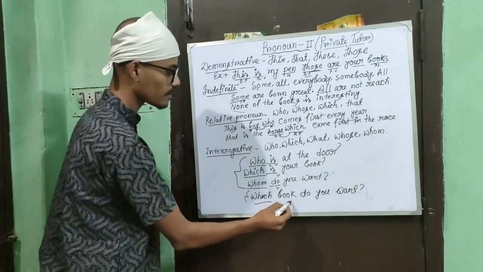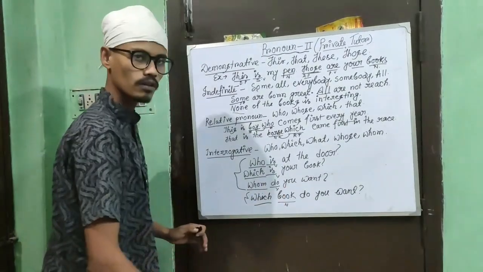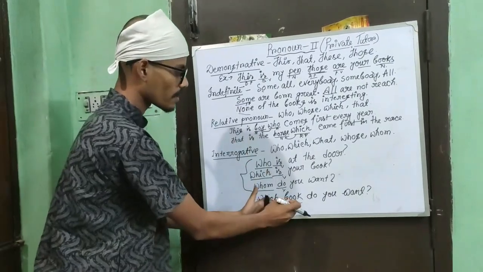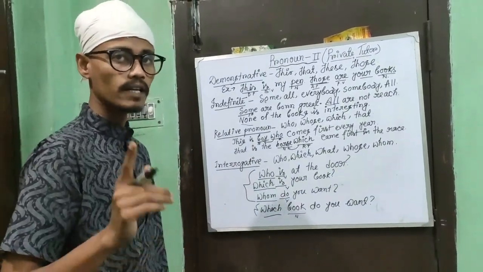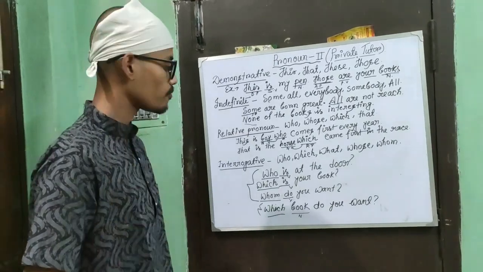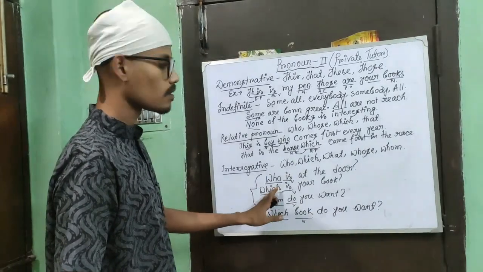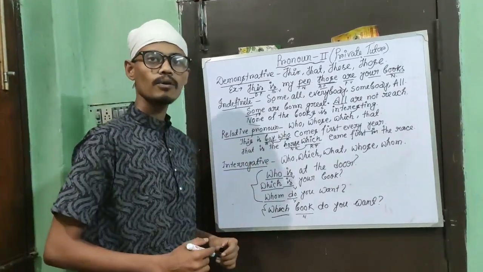But in the last sentence after the WH word we used the noun book. So remember one thing, whenever a WH word is followed by a noun or pronoun, it will be an interrogative adjective, not an interrogative pronoun. But whenever you see a verb after the WH word, you can understand clearly that it is an interrogative pronoun.